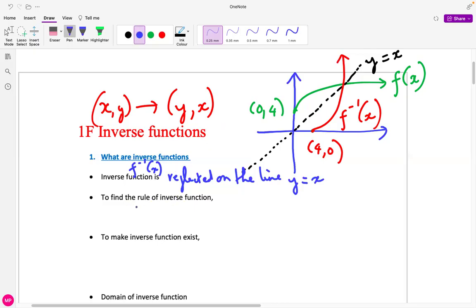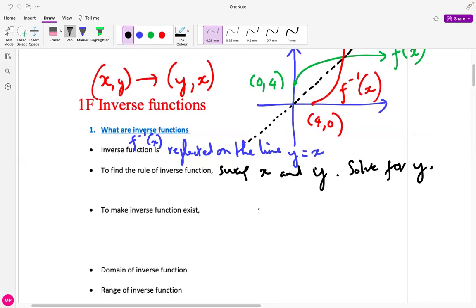So for that reason, if they give you the original equation and you want to find the rule of the inverse, what you do is swap x and y in the equation, and then from here, solve for y. There's an example underneath, and we're going to do some of the examples together.